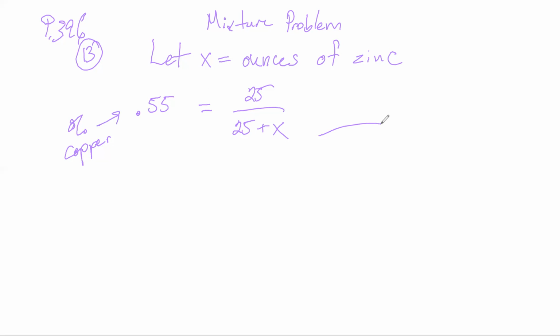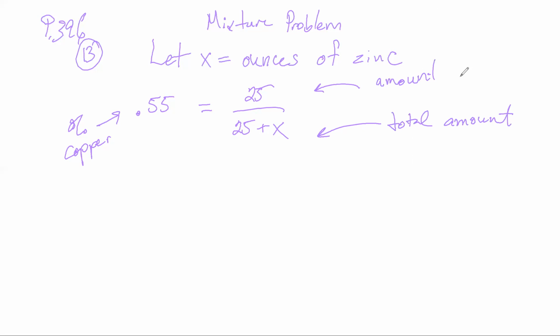On the bottom is the total amount of both, because the problem says that you have 25 ounces of copper, and then you're adding X, which is the ounces of zinc. So in the denominator is the total amount that you have, and this 25 is just the amount of copper.